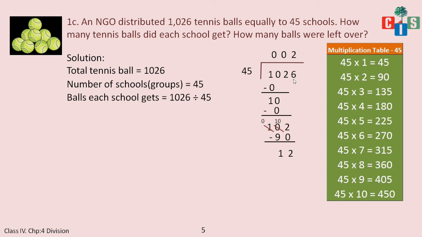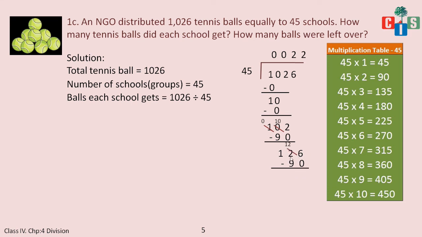Now we will bring the next digit, that is 6, down. Okay, now I have 126. So let's check in the table what is smaller than 126. It's again 45 twos. So 45 twos will give me 90, and 6 minus 0 is 6.